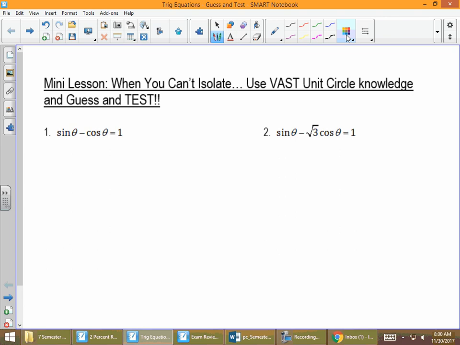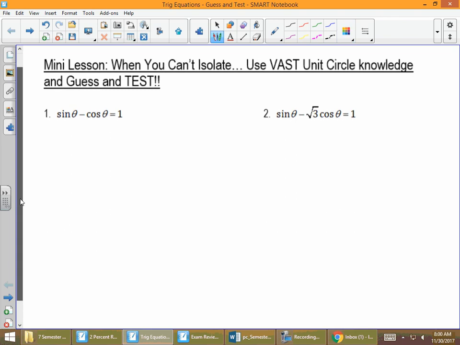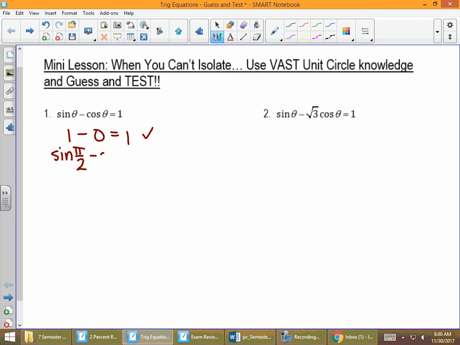So the easiest way to get 1 is 1 minus 0. Awesome. That's one of the ways this can happen. Where can this happen? Well, sine is 1 at pi over 2, and cosine is 0 at pi over 2.